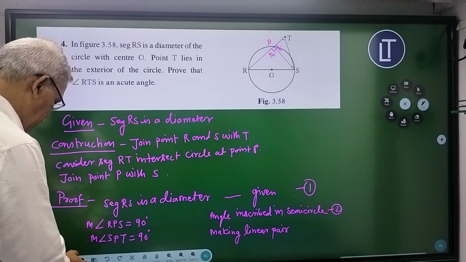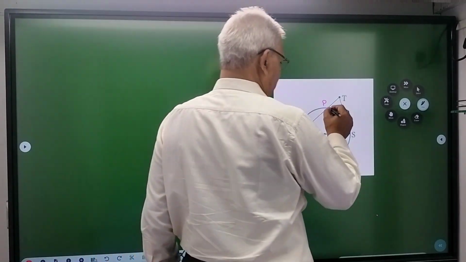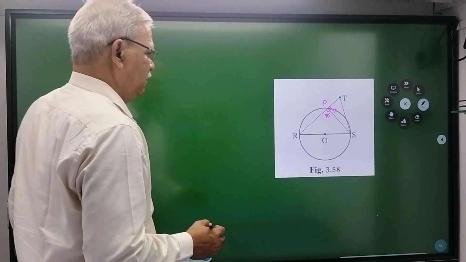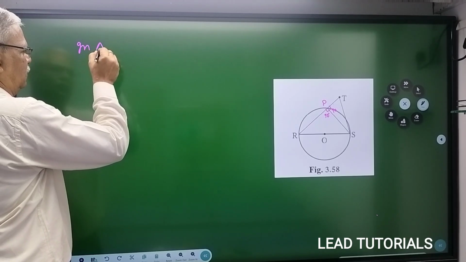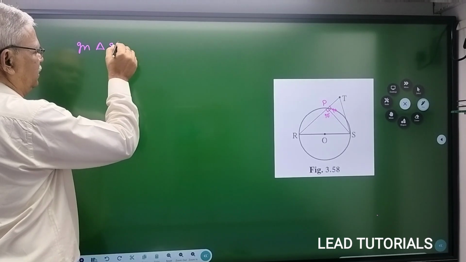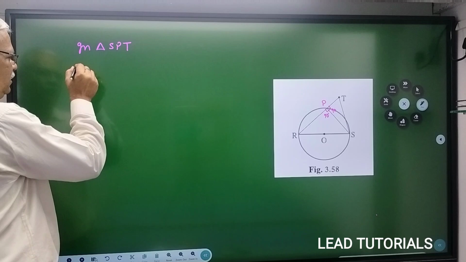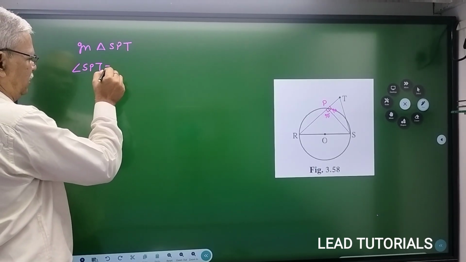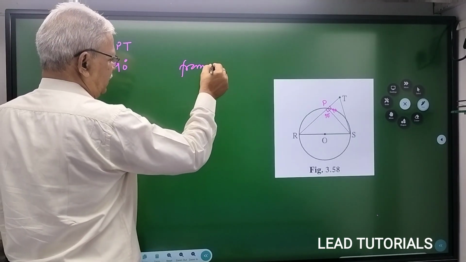Now we will write here. Now see here, as this is 90, therefore in triangle SPT, angle SPT is equal to 90 from second.